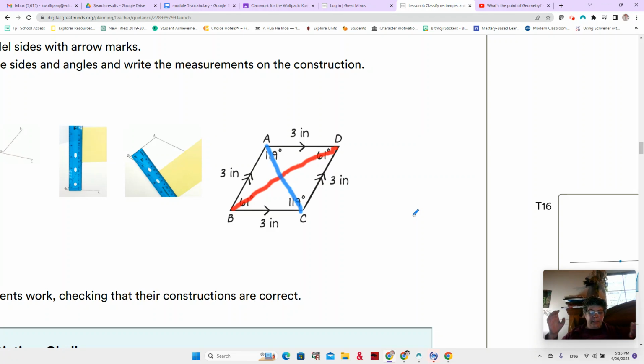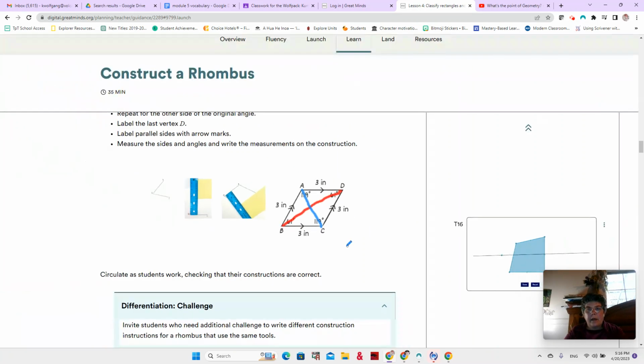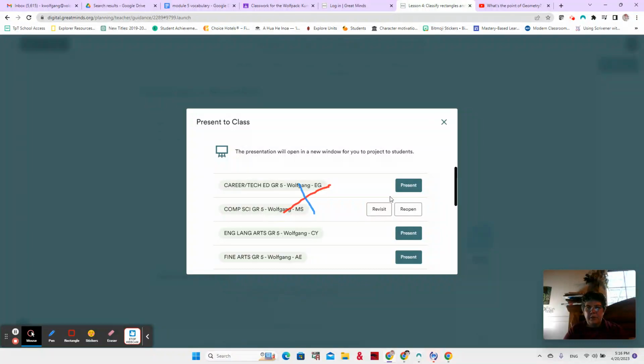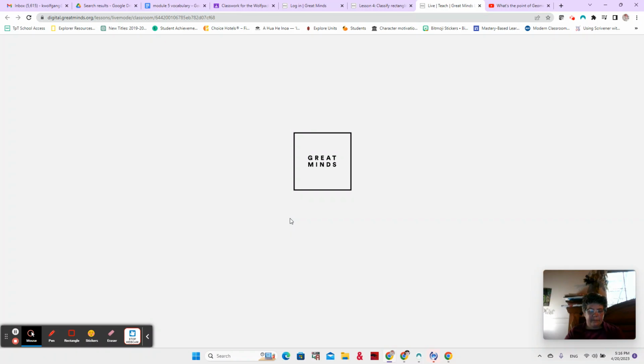So the diagonals of a rhombus are probably lines of symmetry, but let's just double check it, right? Let me get rid of this. And I'm going to open this, and this is just going to take a minute to jump to 16. Sorry about that on the screen. I told it to clear itself.